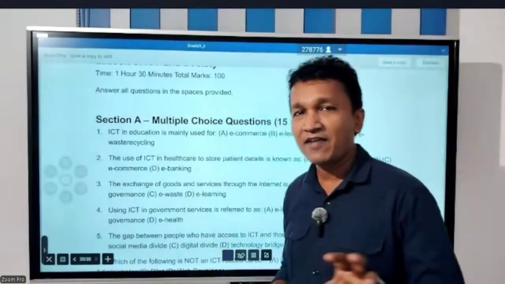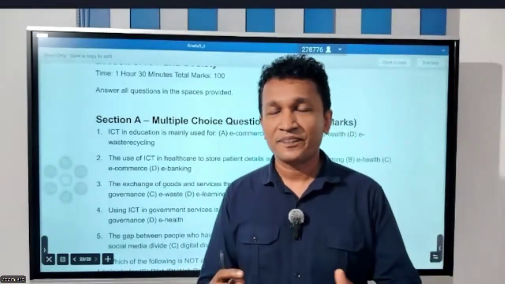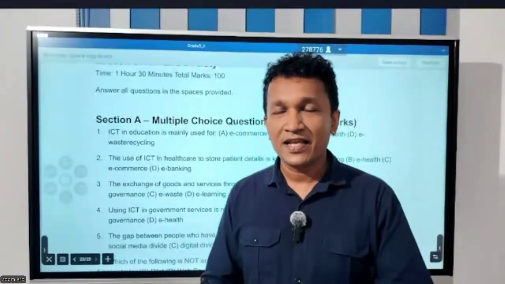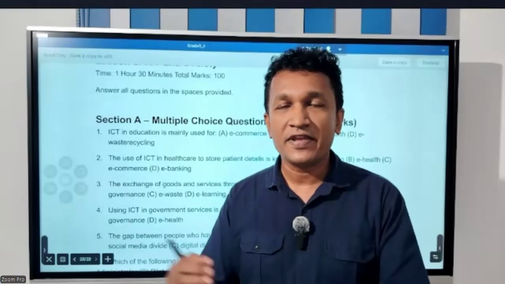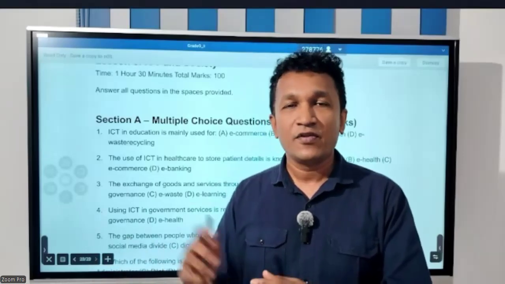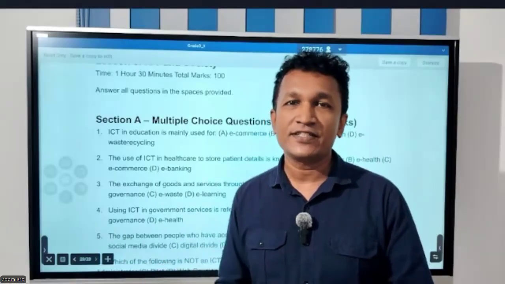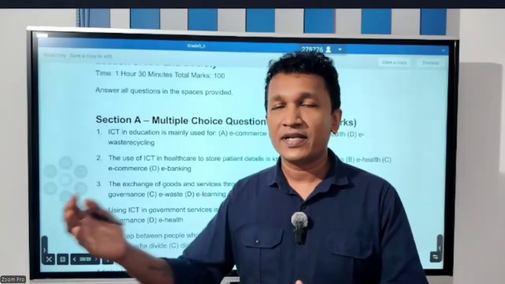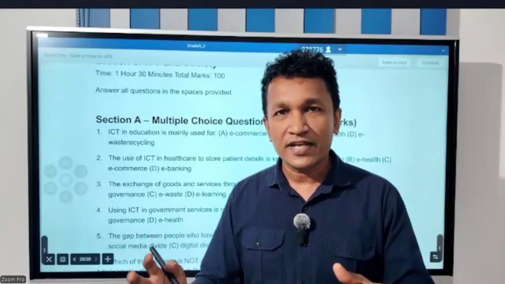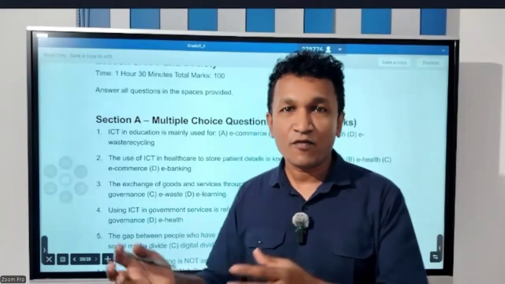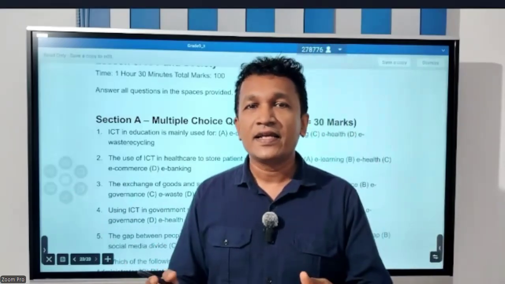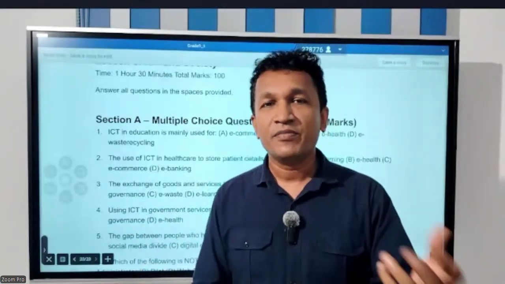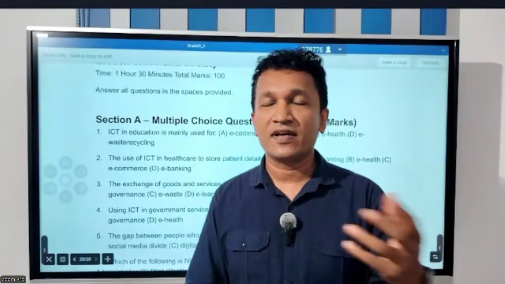Not e-governance. What is e-governance? E-governance means when government services are provided by internet, for example when we want to register or license our vehicle, we go to the government website and do it. Or when some foreigner wants to come to Sri Lanka, he wants to search for the beautiful places, the banks, the government institutes.